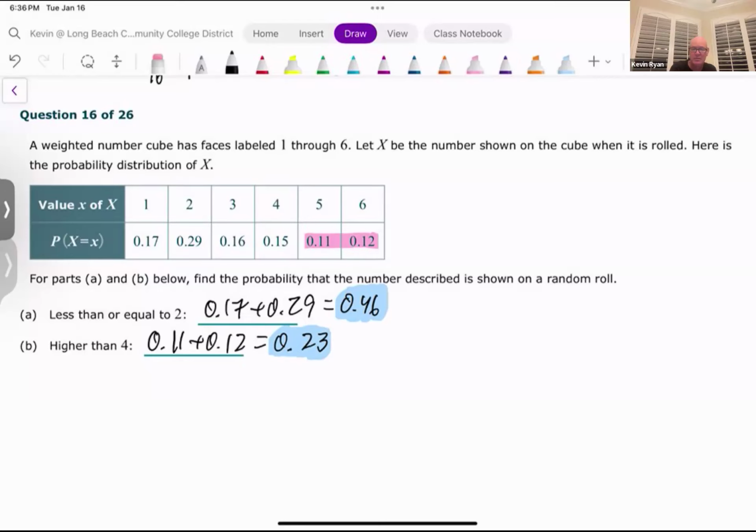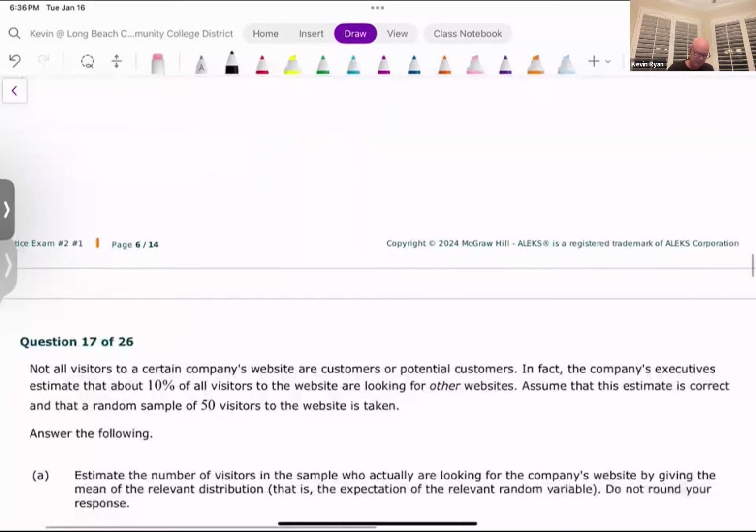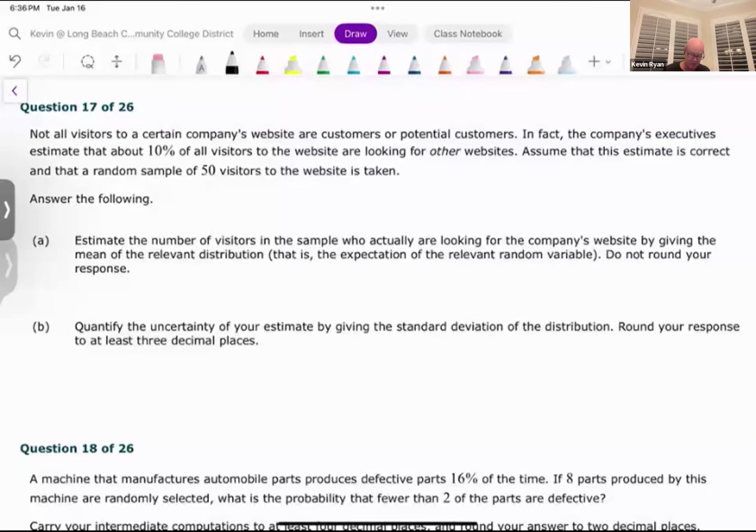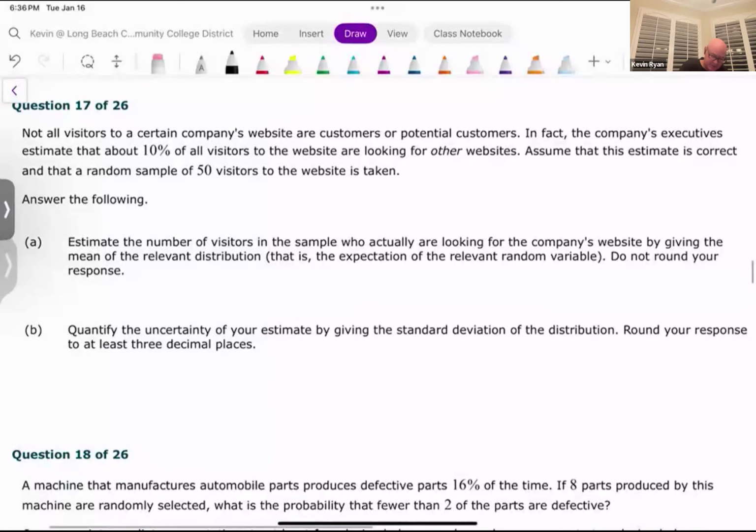Hope we're doing okay. Not all visitors to a certain company's website are customers or potential customers. In fact, the company's executives estimate that about 10% of all visitors to the website are looking for other websites. Now, I flubbed this one a little bit earlier. So 10% are looking elsewhere.